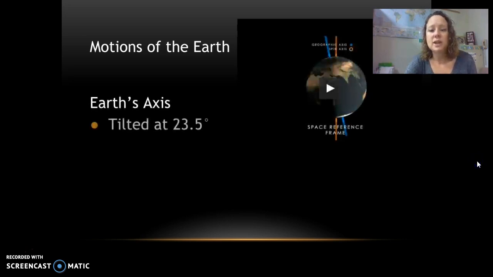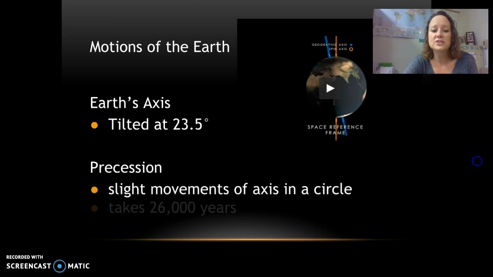All right, so if we look at Earth's axis that we are revolving around, the Earth's axis stays tilted at 23.5 degrees. So sometimes we're tilted towards the sun, sometimes we are tilted away. While our Earth's axis is tilted, it's also moving in a circle. This motion is called precession.